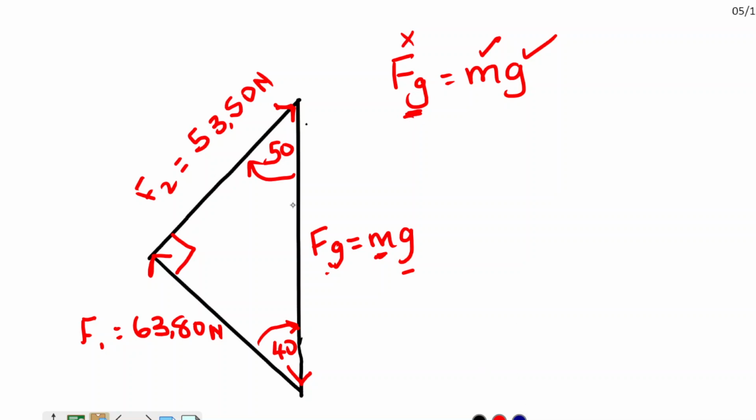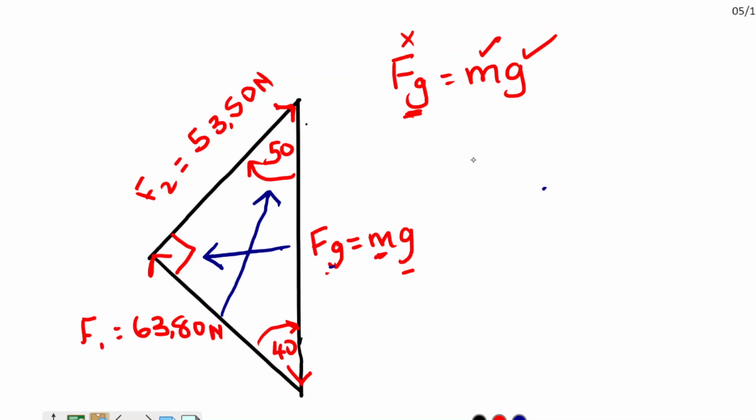We only know g. So the first thing we must do now is find FG. So we can use the sine rule. The sine rule says if you want this side, which is looking at this angle, you can equate it with any of the two sides that you know. For example, we know this side, which is F1, and F1 is looking at that angle, which is 50.